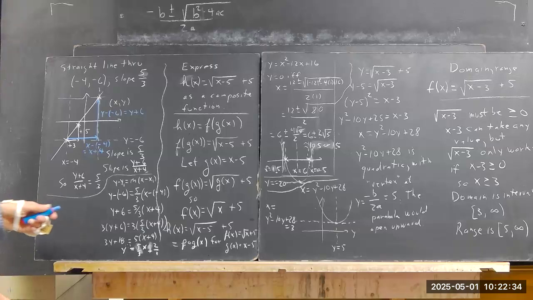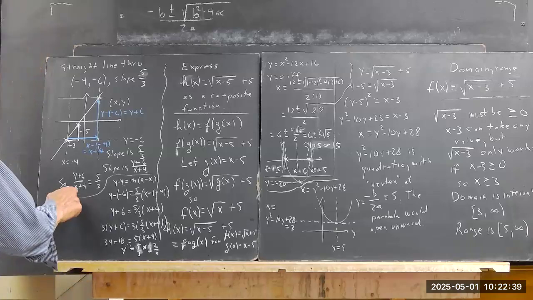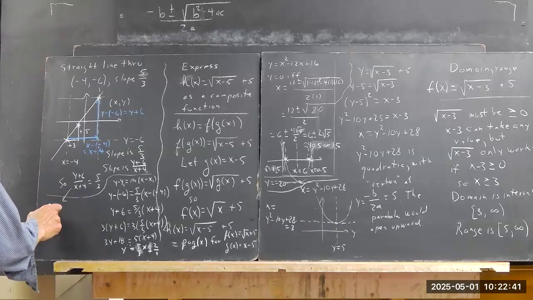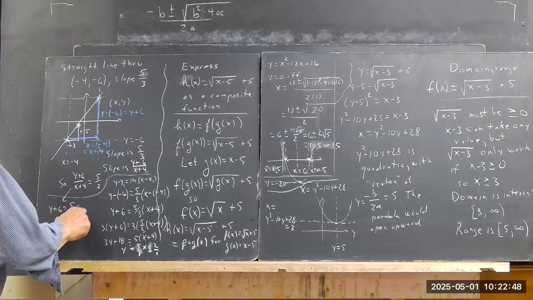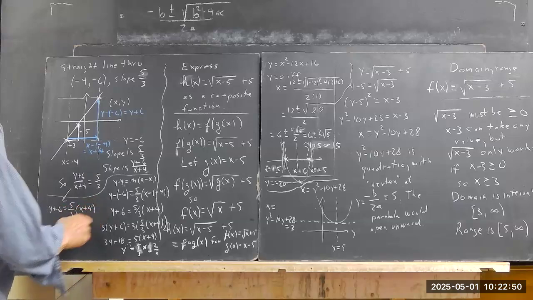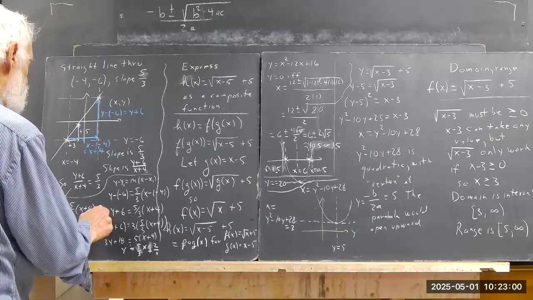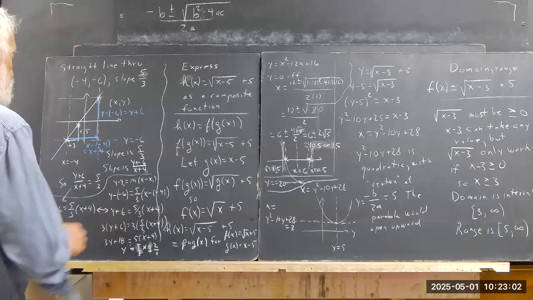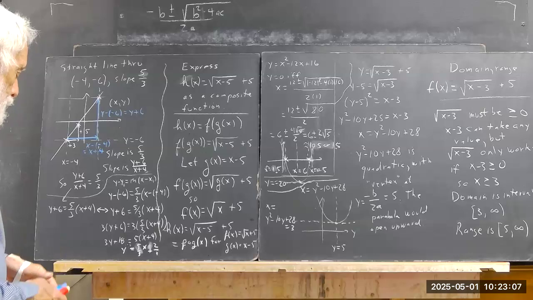Now, my point is, if we solve this equation for y, we multiply both sides by x plus 4. And notice that this is exactly the equation we get from the formula. So there's a picture that fits the formula.